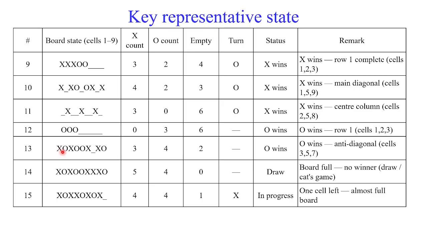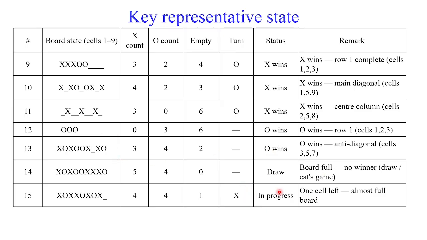O has 4 marks, 1, 2, 3 and 4, but X has, this is illegal. Supposing if O has 4 and X has 3, that's going to be illegal. But here you can see 1, 2, 3, 4, 1, 2, 3, 4. This is legal over here. But it's a win for O if it has placed an anti-diagonal.